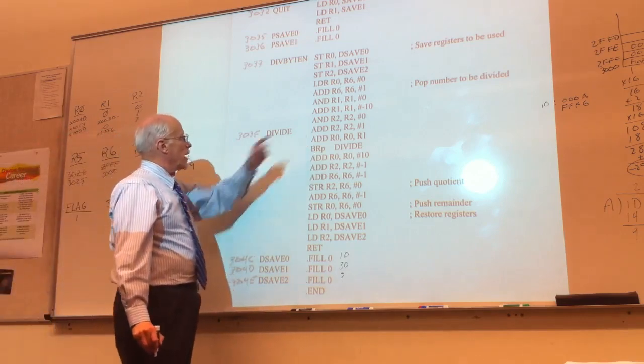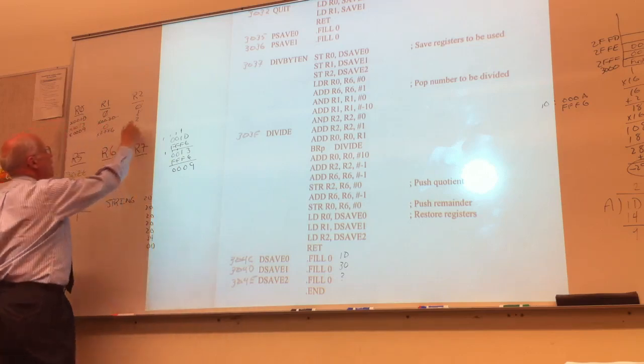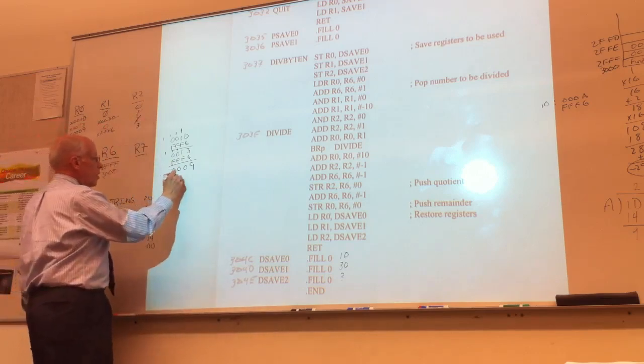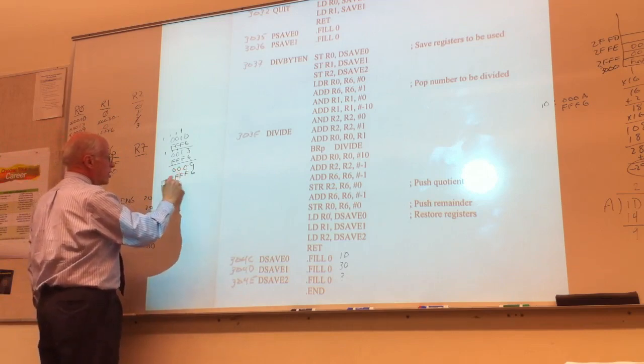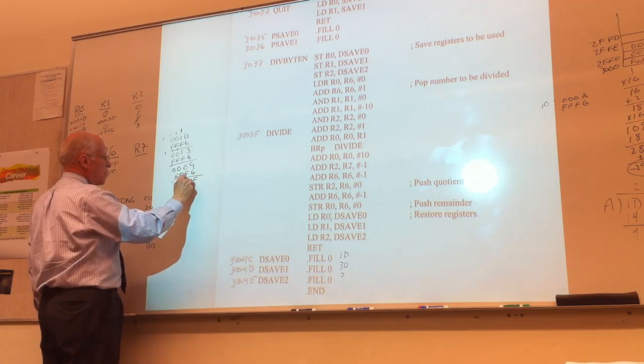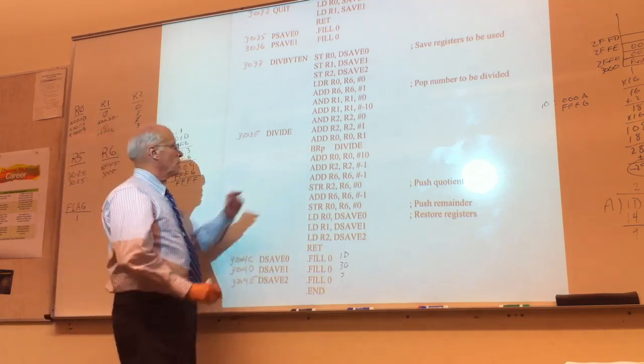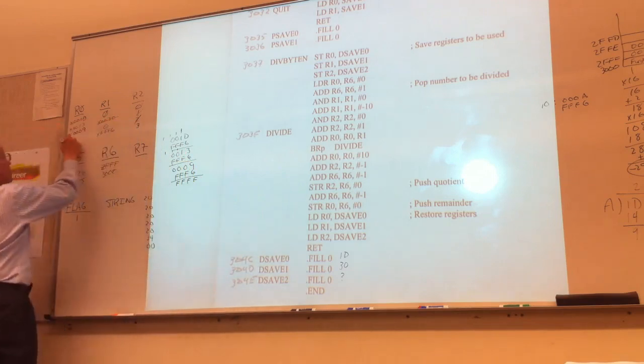It's still plus, so I back up, I do it again. Get a 3, and now I add FFF6 here. 9 and 6 is 15. That's actually in register 0.